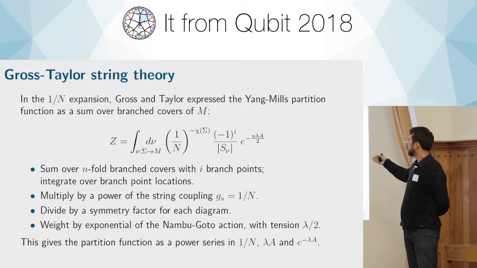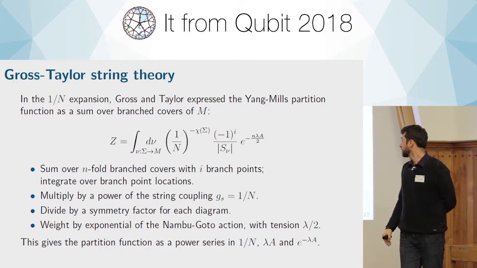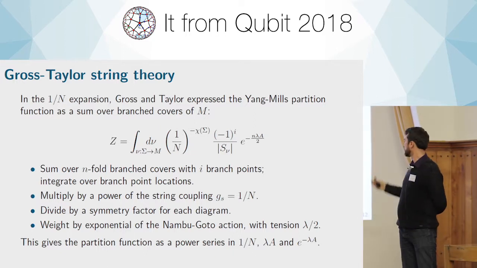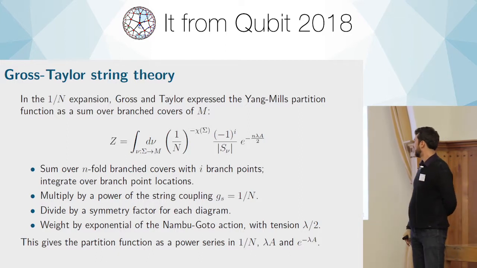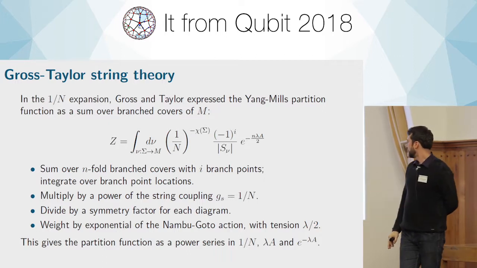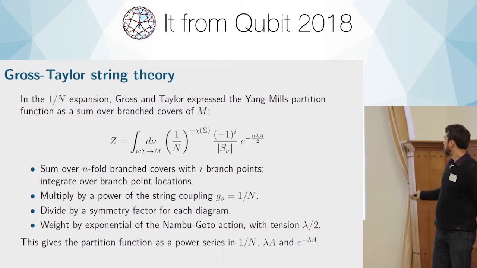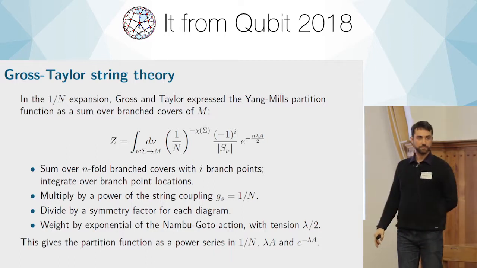We have a power of the string coupling. That's the Euler characteristic of the world sheet, which tells us that the string coupling is 1 over N. We divide by a symmetry factor, as usual, and we weight by the exponential of the Nambu-Goto action. And that also allows us to read off the string tension, which is given by lambda over 2.